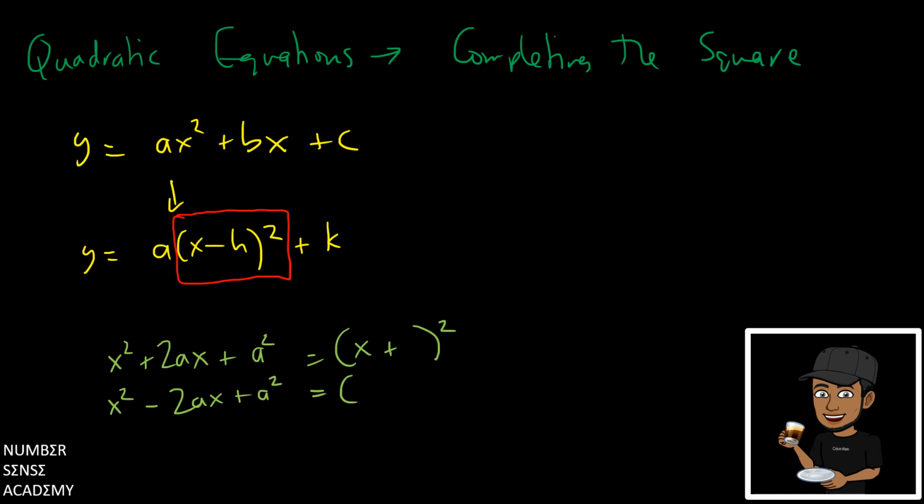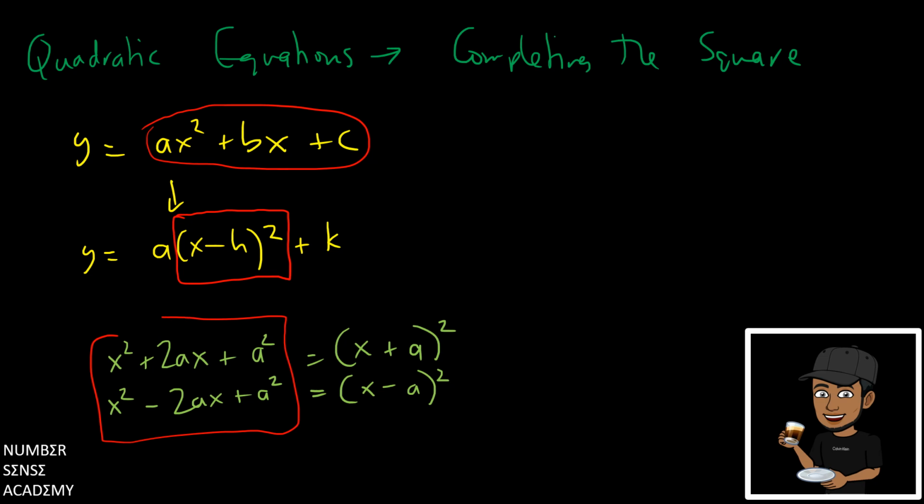Sorry, pardon me, right off the bat, making a mistake. It's x minus a squared. So that's what we want to take advantage of. We want to get this equation in these formats so that we can pull out the square part, and then there'll be stuff in there that'll help us get the k and the a, and that's what we're going to work through.